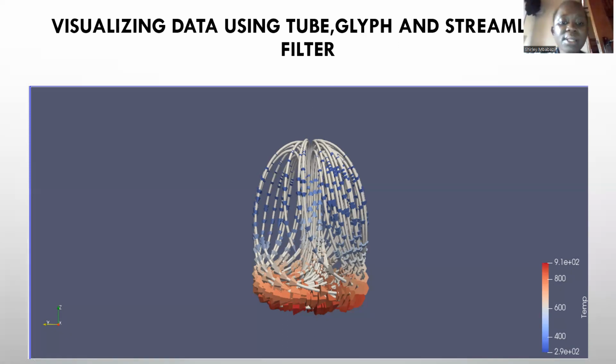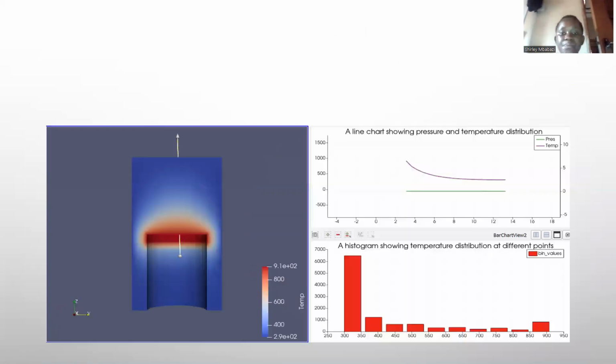So from this we can see that the airflow is really coming from up and down, and it's mostly concentrated here, and it's moving away from the center, so it's not so much concentrated at the center, but the temperature is high at the center.